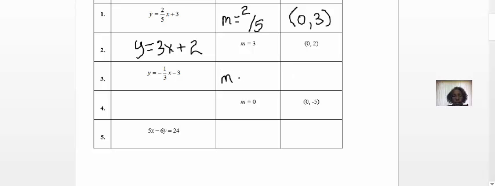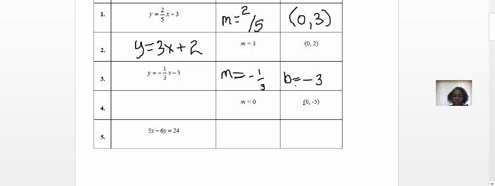So m is -1/3, and b is the constant on the side of the equation that has x in it, as long as that side is simplified. And so the constant on that side is -3. So that's my b.